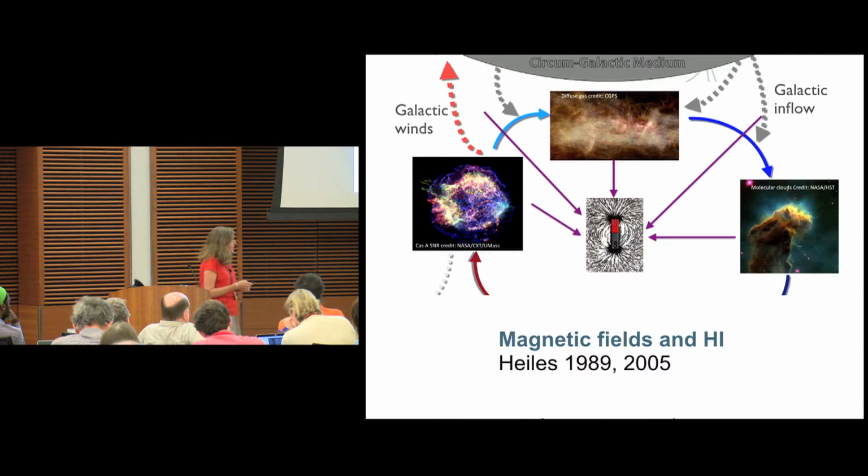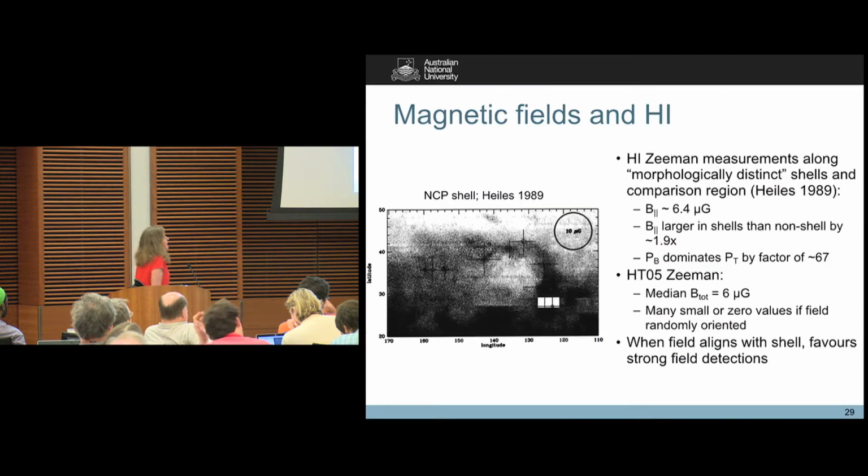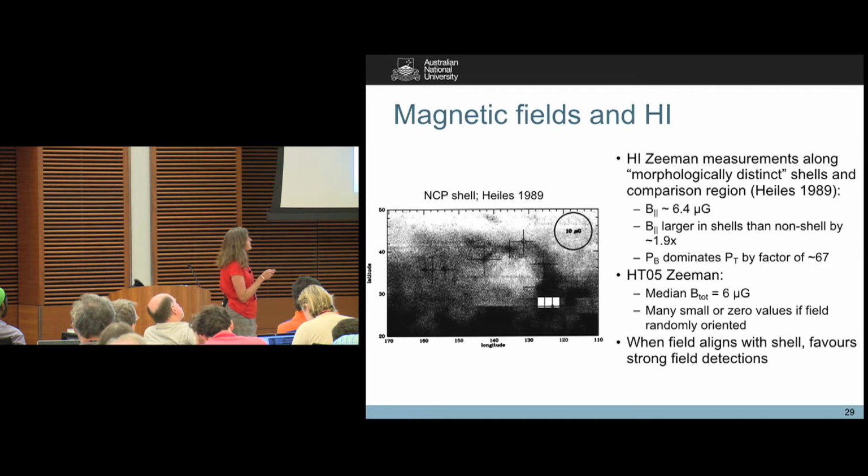So Carl's given us a wonderful set of work on that, dating back from work on supershells in 1989 and various different reviews. Here I'm focusing just on the H1 part, not all of his other molecular work. This is the NCP shell. Carl worked on looking at the magnetic fields associated using H1 Zeeman measurements along those positions here. It's a little bit hard to see.